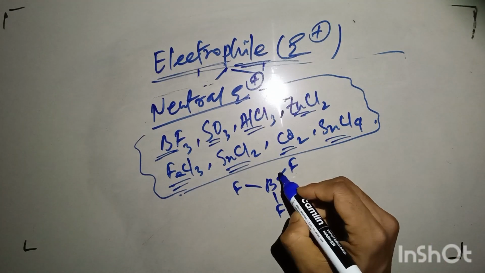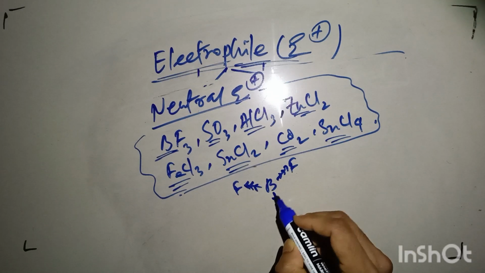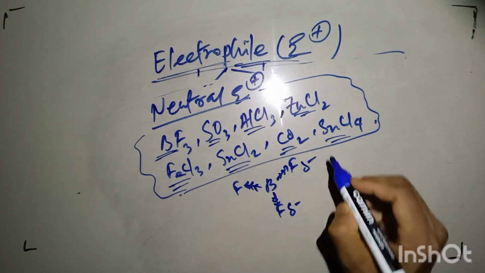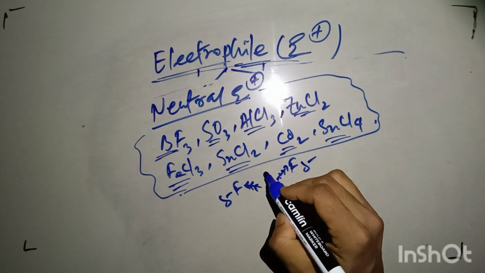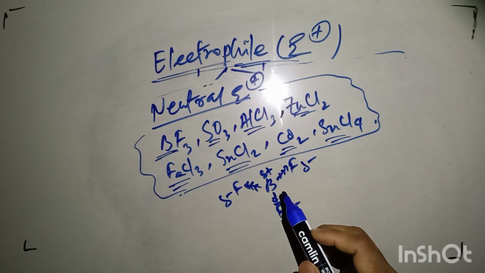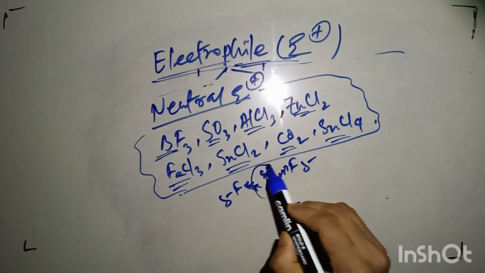These fluorines are more electronegative. They will try to attract the electron from boron. The fluorines will become partially electron rich, and boron will become partially electron deficient.